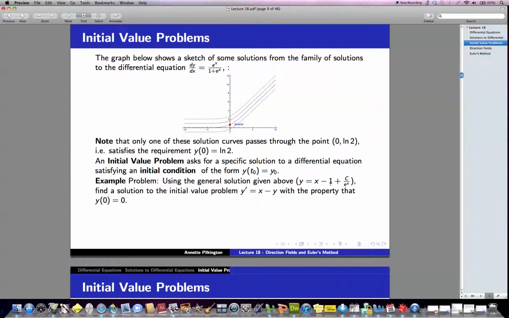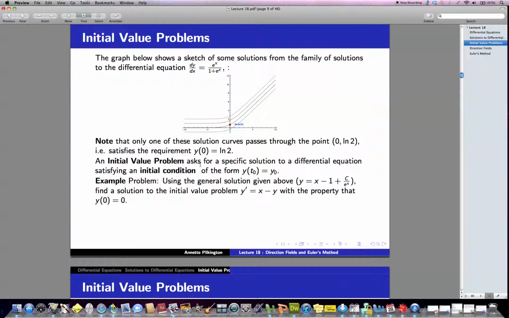It's usually y equals some function of x with some constants involved, which could take any particular value. So the general solution to a differential equation is in fact a family of solutions where you have some constants which can be varied to get different particular solutions.